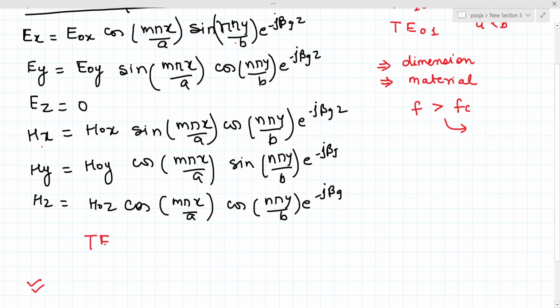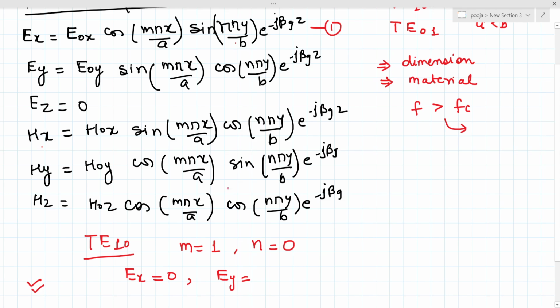TE10. The equations will be obtained by putting m equals 1 and n equals 0 in the above equations. So Ex will become 0 because we have put n equals 0 in the first equation. Ex will be 0. What will be Ey?